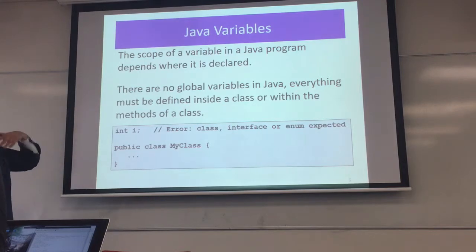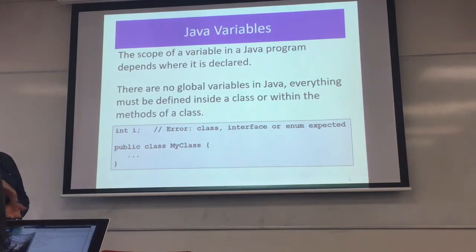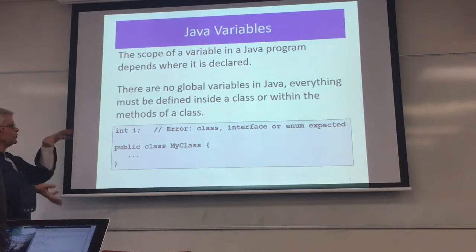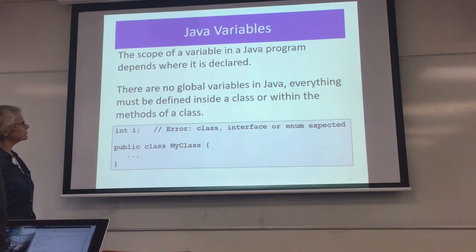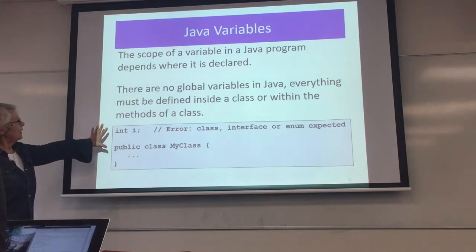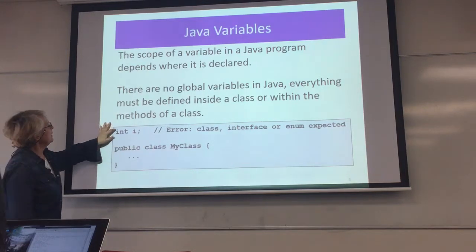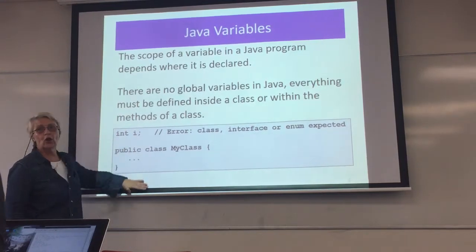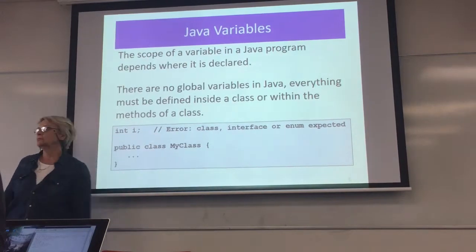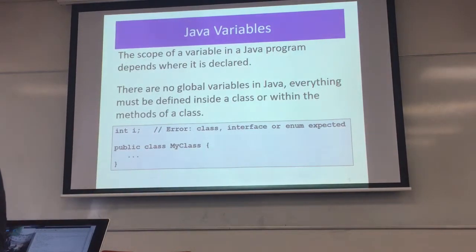So, the scope of a variable depends on where it is declared. There are no global variables possible in Java. Everything has to be inside a class. So if we have a variable declared outside all classes, you get an error.